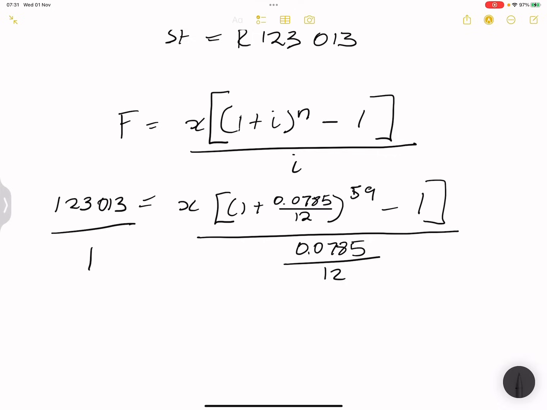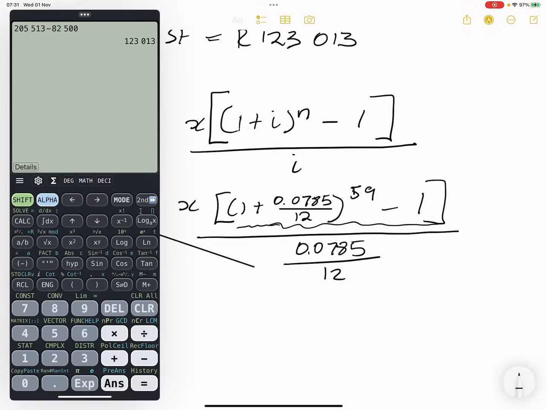So I'm going to multiply this value by that entire value, and afterwards I'm going to divide by that whole expression. Let's try and do that. So 123,013 multiplied by 0.0785 over 12.